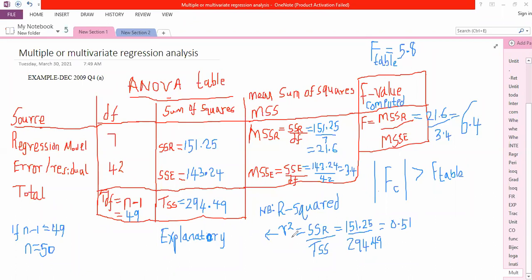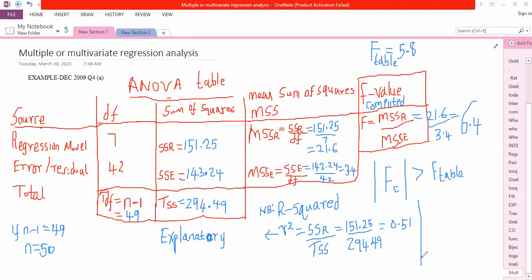We all know the coefficient of determination, R squared, is related to what we call the product moment coefficient of correlation.